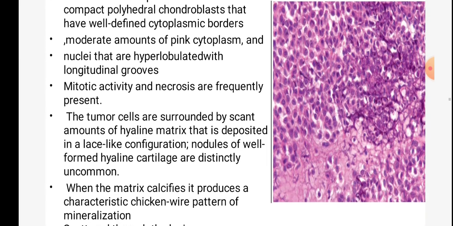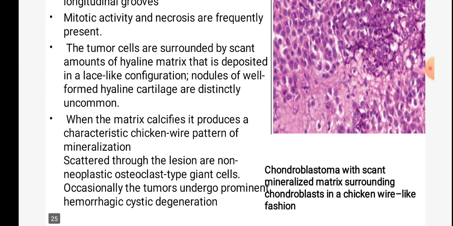The tumor cells are surrounded by scant amounts of hyaline matrix that is deposited in a lace-like configuration. Nodules of well-formed hyaline cartilage are distinctly uncommon. When the matrix calcifies, it produces a characteristic chicken wire pattern of mineralization.